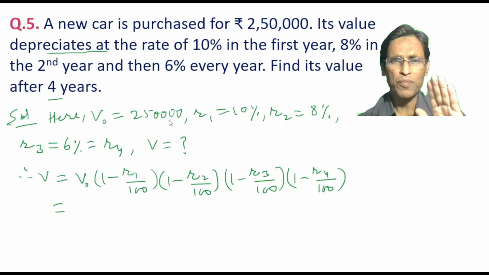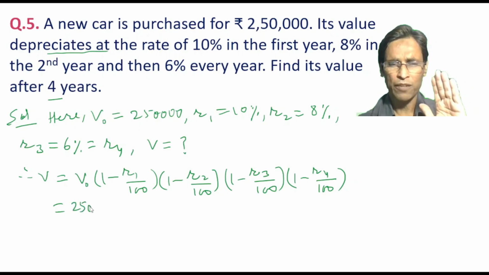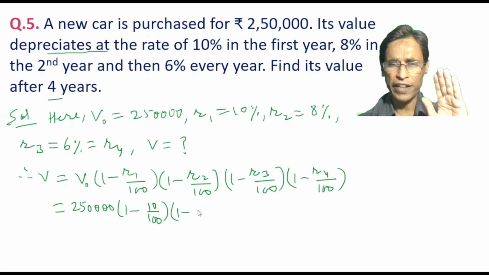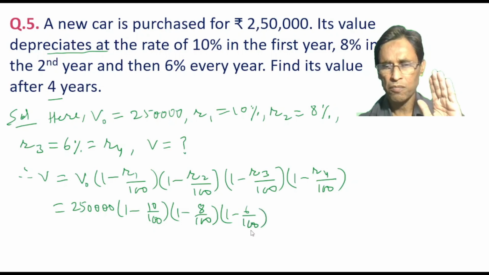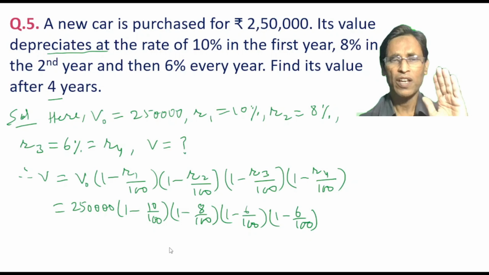Now we will replace the values of the respective terms available in the question. V0 is mentioned here as 2,50,000, so we replace V0 by 2,50,000, and then 1 minus R1, where R1 is 10%, so 10 by 100. 1 minus R2 is 8%, so 8 by 100, and 1 minus R3 is 6%, so 6 by 100, and 1 minus R4, R4 is also 6%, so 6 by 100.